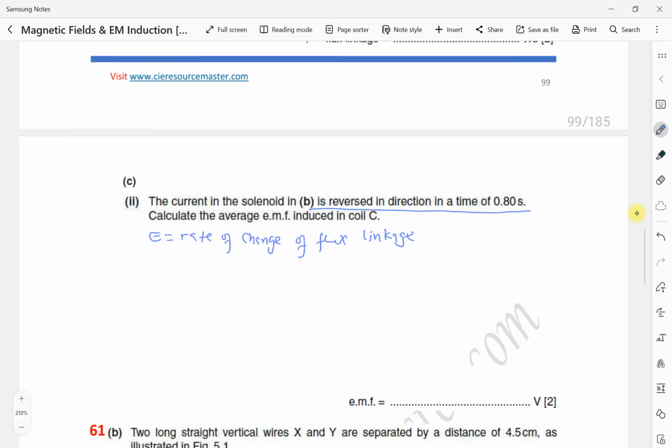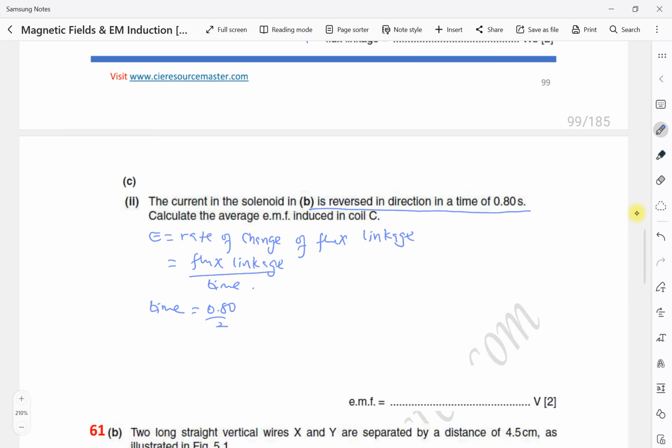So this is going to be flux linkage divided by the time. And we say that the time is going to be equal to 0.80 divided by 2.